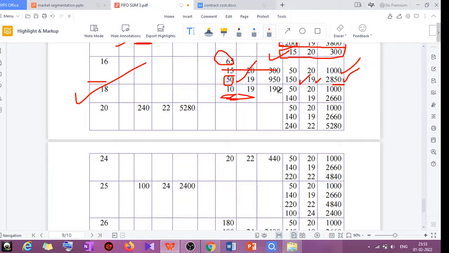Now the same procedure we have to follow. Under FIFO we used to take from the first, under LIFO we have to take from the last. Now see the last lot, that is 150. From 150 issue 10 units. That will be, rate is 19, amount is 190.